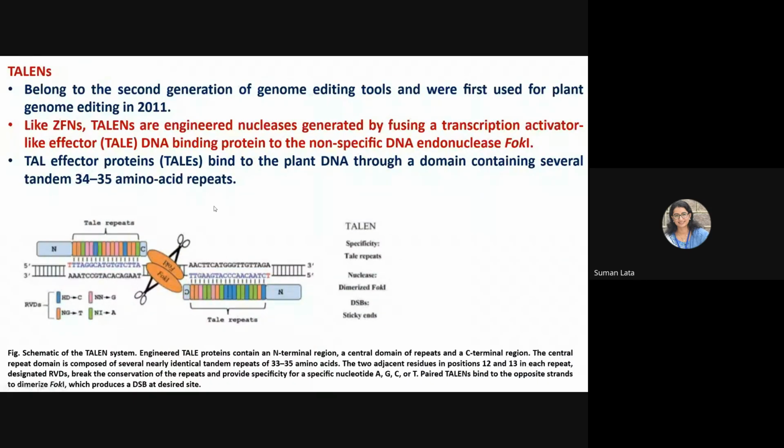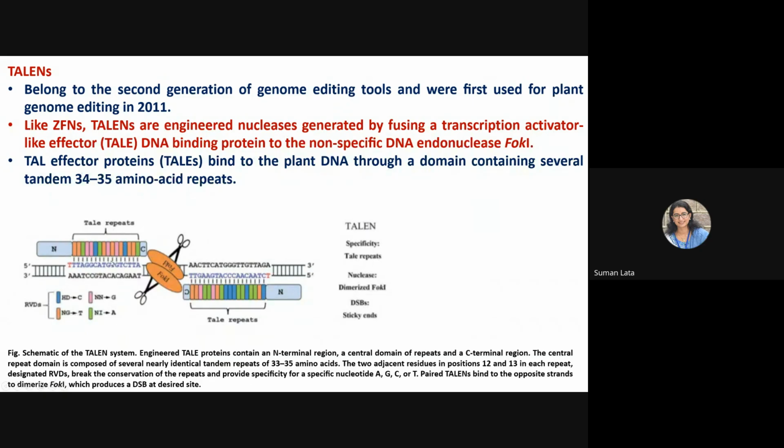Then after zinc finger nucleases come the TALENs. TALENs belong to the second generation of genome editing tools, and they were first used for genome editing in 2011. Like zinc finger nucleases, TALENs are generated by using a transcription activator-like effector DNA binding protein. So this is the DNA binding domain of the TALEN.